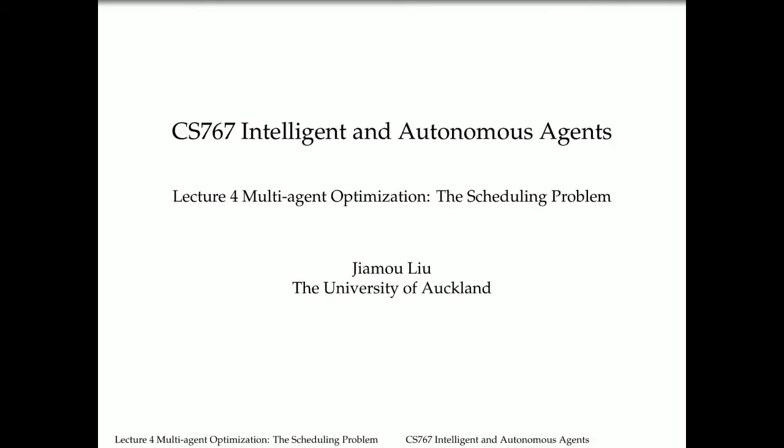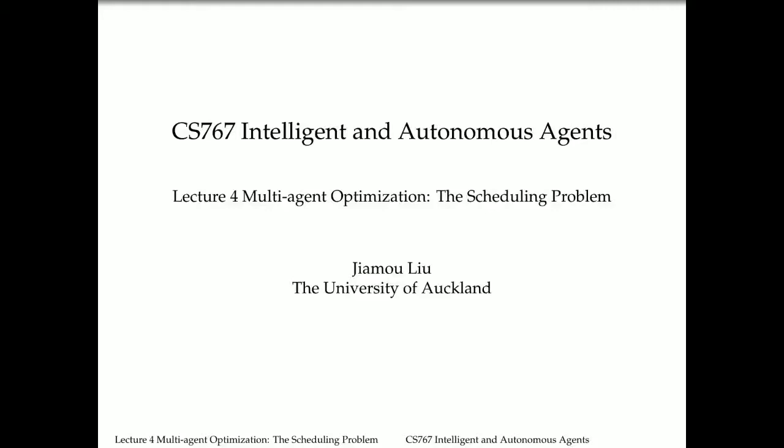So in the last lecture, we've been talking about a scenario where we have a classical optimization problem, and then we employed several agents to solve the problem, which requires finding values for a number of variables which collectively optimize a certain performance metric.